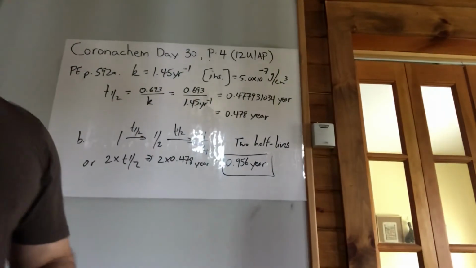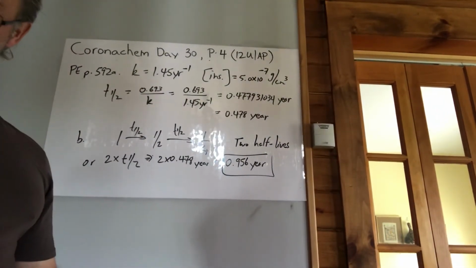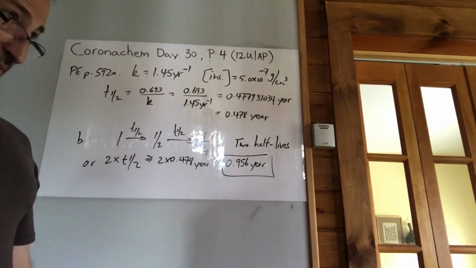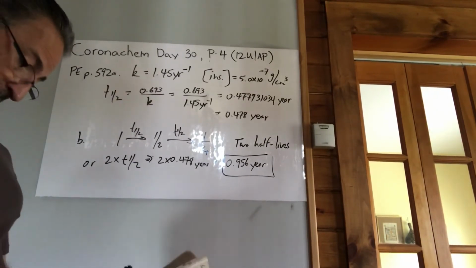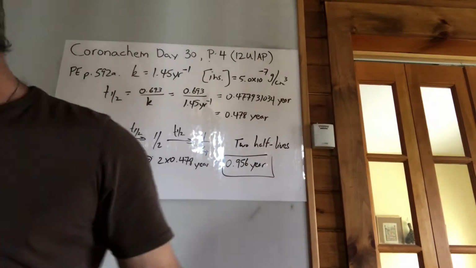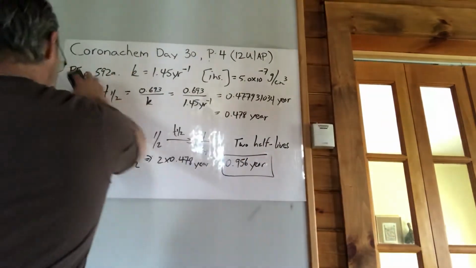And the next thing we're going to do is derive the half-life equation, or the half-life formula, for a second order process. But we'll start from the integrated equation of second order.